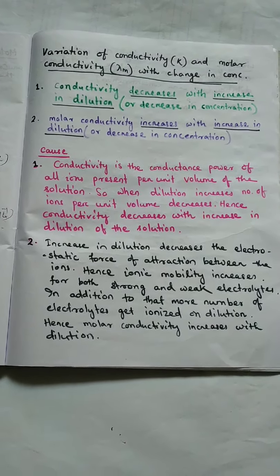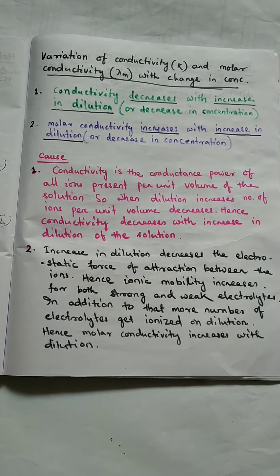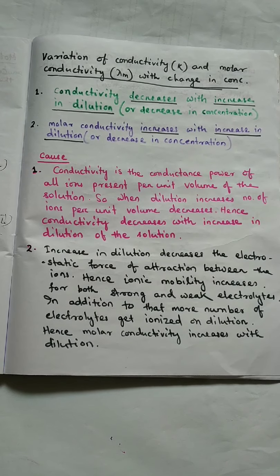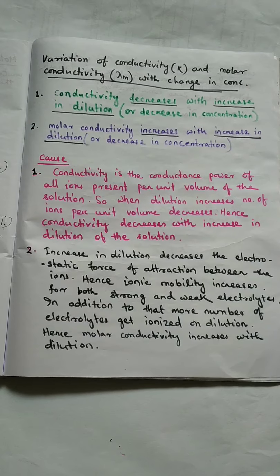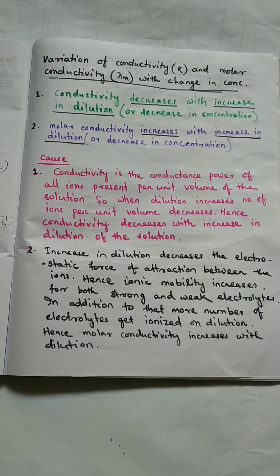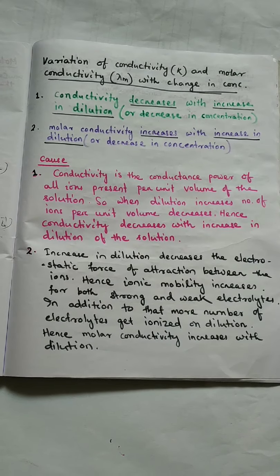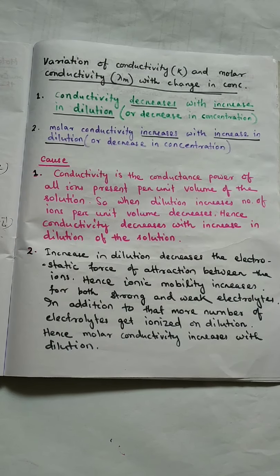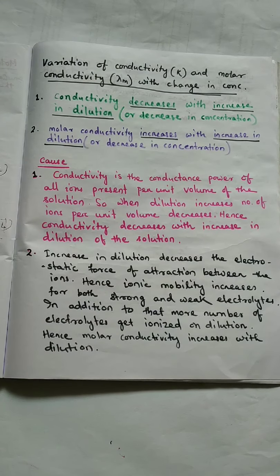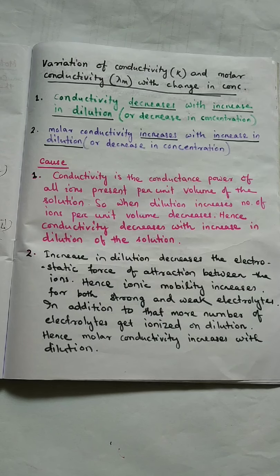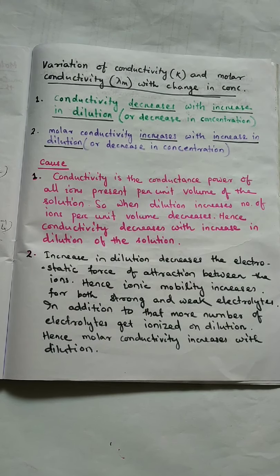We know that molar conductivity is the conducting power of all the ions present in 1 mole of electrolytic solution. The volume doesn't matter. The total amount of electrolyte in solution is 1 mole. So when we change the dilution, the number of particles that are produced by 1 mole changes, because the electrostatic force of attraction between the ions decreases. Gradually the ions go farther from each other, so the attractive force between the cation and anion decreases.